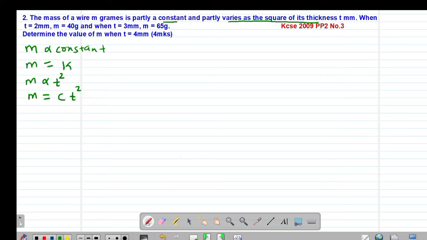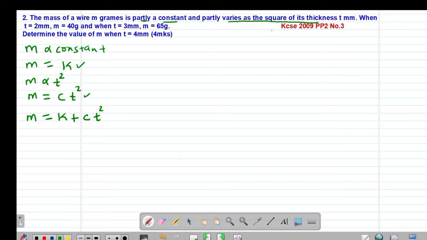So because of the word partly, it means that we are dealing with partial variation. Therefore, we need to separate the two terms using a positive or an addition sign. So the equation connecting these two will be M is equal to, it is partly constant, so the constant is K. So M is partly constant and partly varies as the square of its thickness T. So I'm simply taking K, then I'm going to add CT squared.